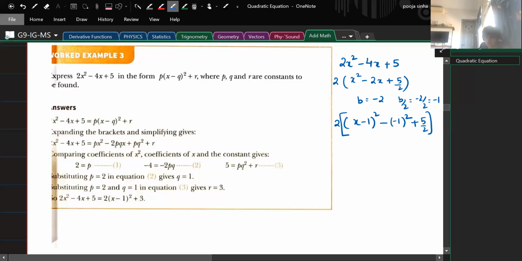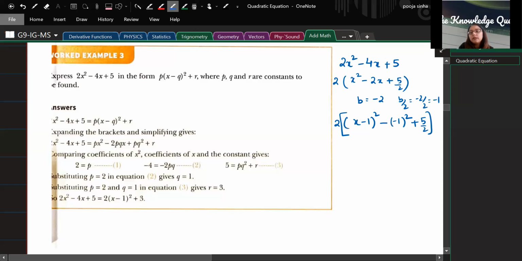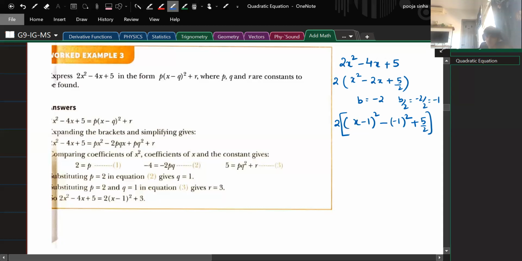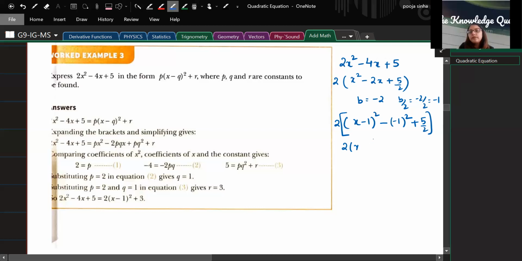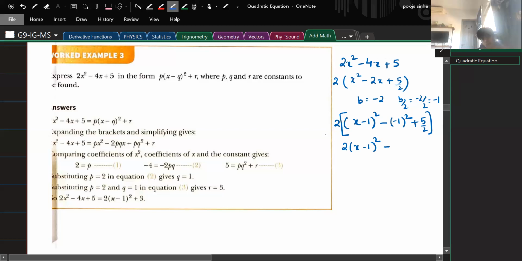Okay. Now we will open the bracket. It becomes 2 times x minus 1 whole square. 5/2. ये हो जाएगा -1 का square is 1 only, and this 2 से multiply होगा तो -2. कैसे?